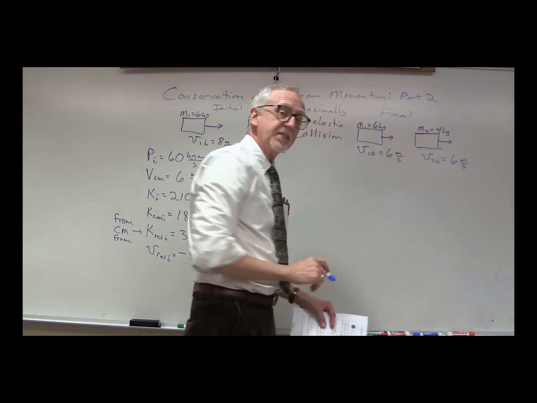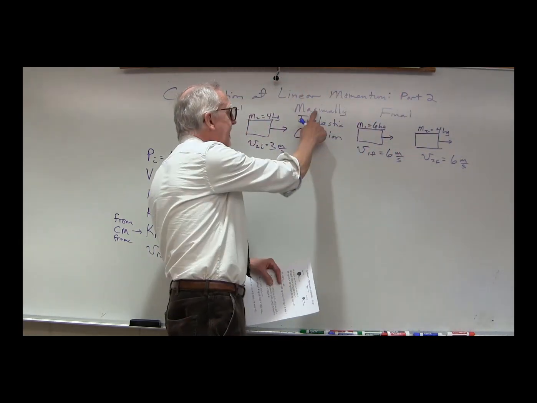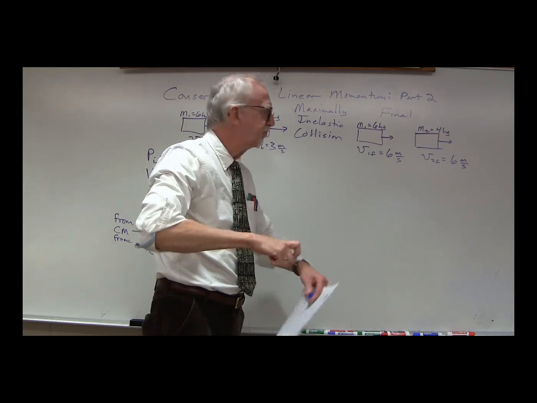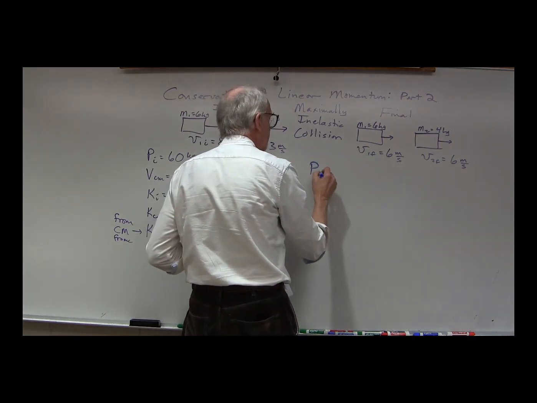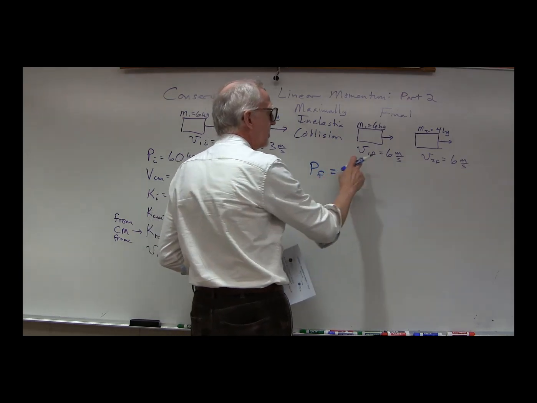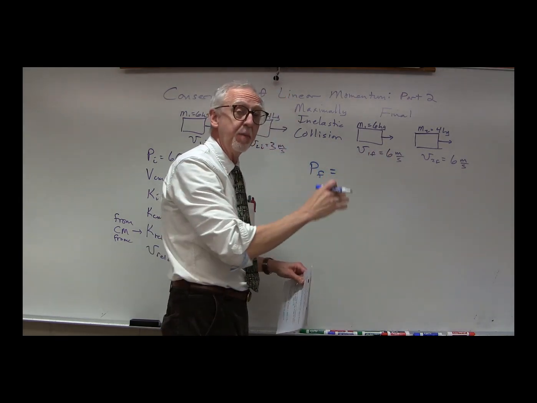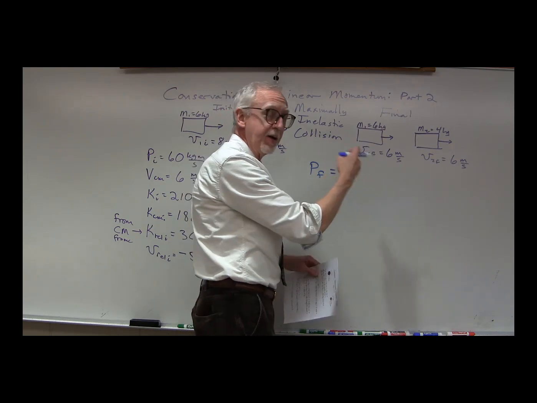Now here is the final situation for a maximally inelastic collision. Let's take a look at this. What do we have? Total final momentum, again, the sum of the final momenta of mass 1 and mass 2.